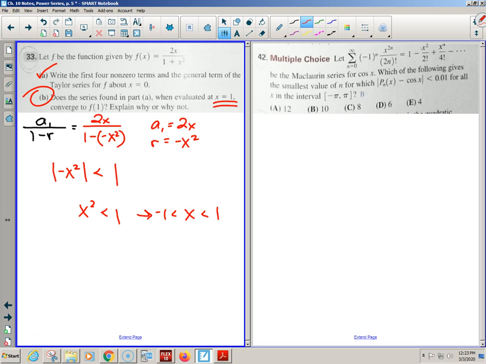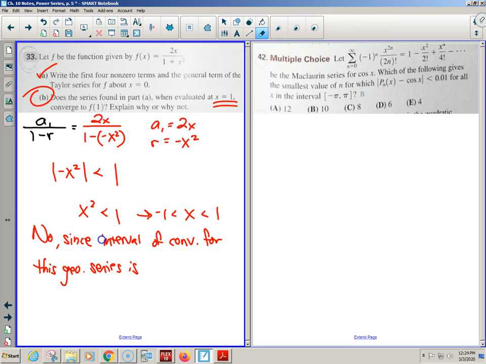So therefore, my explanation would be no, since the interval of convergence for this geometric series is, I wouldn't say R, I would actually put in the x which you solve for. X is within negative 1 to 1, not including.